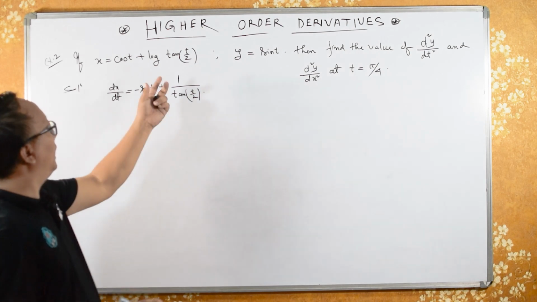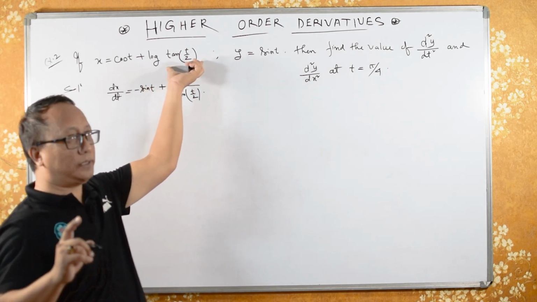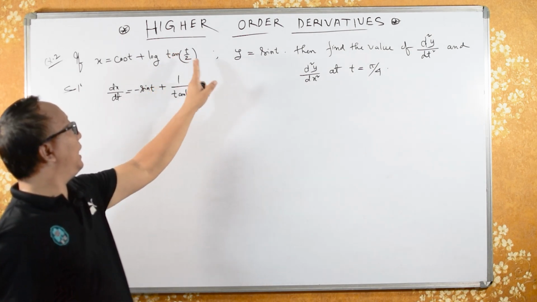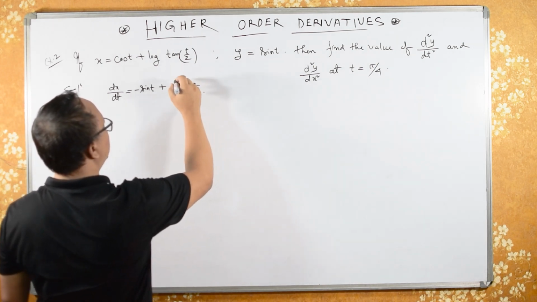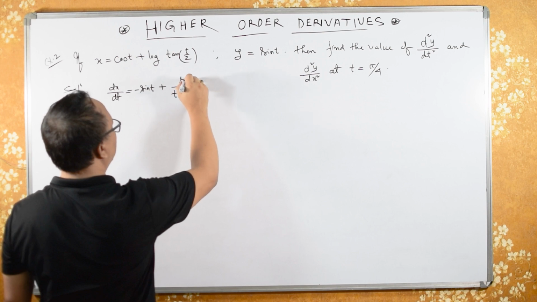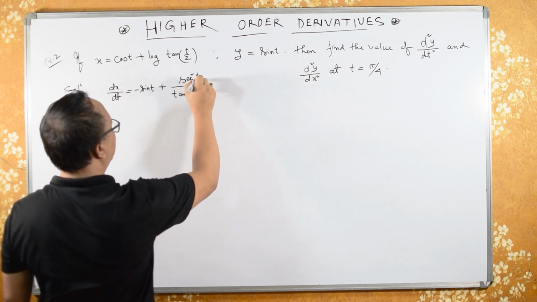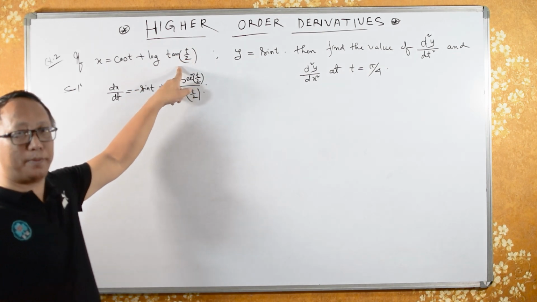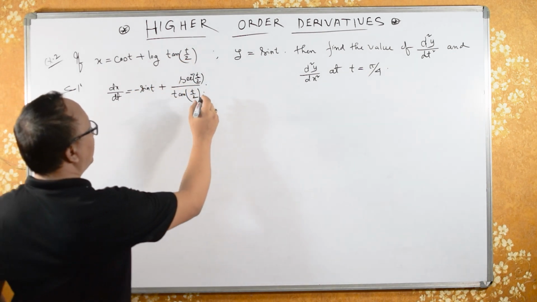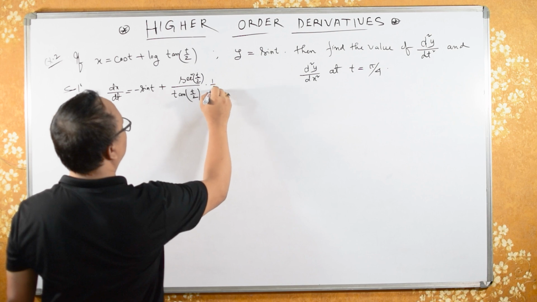Again, okay? Again, differentiate this with respect to t. d by dx of tan is what? tan is sec square x, okay? This is differentiation of tan is sec square t by 2. Again, differentiate t by 2 with respect to t. Okay. So, I'll be getting half.